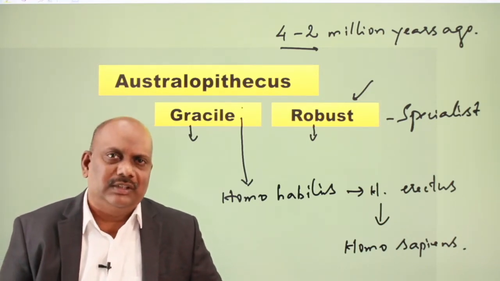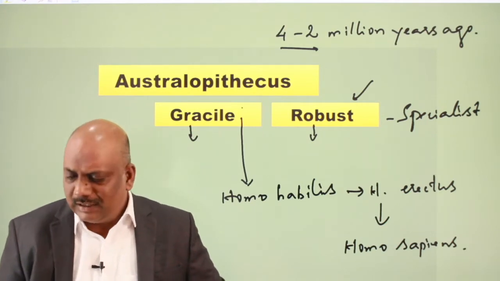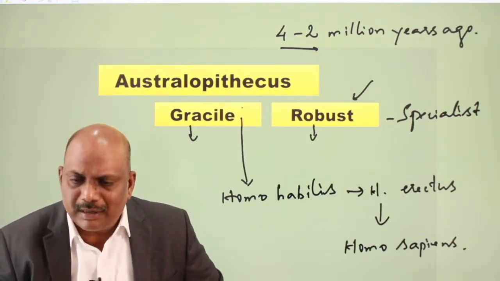Homo habilis. As I told you, there are a number of important species in Australopithecus.